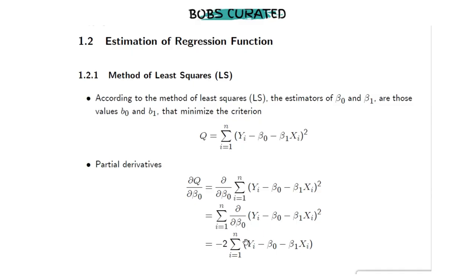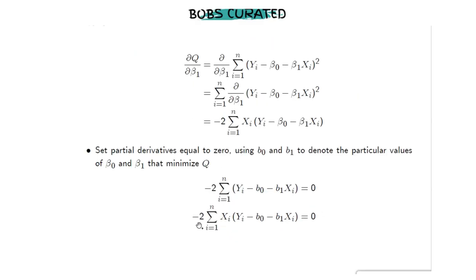The 2, we are going to bring forward, and then we write down what's in brackets, and the 2 minus 1, so we actually have a 1 over there. According to the chain rule, we now have to take the partial derivative of what's inside the brackets with respect to beta 0, and that's going to be a minus. So that's why we also have this minus over there. That's the partial derivative with respect to beta 0.